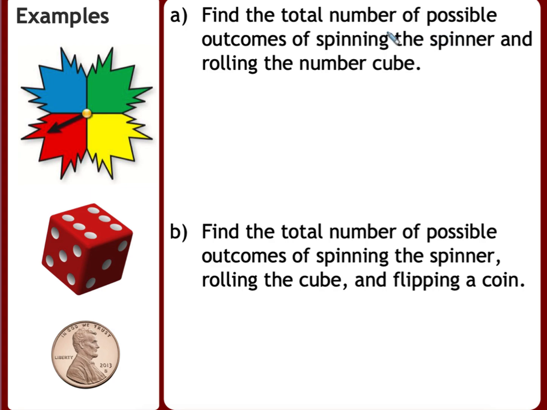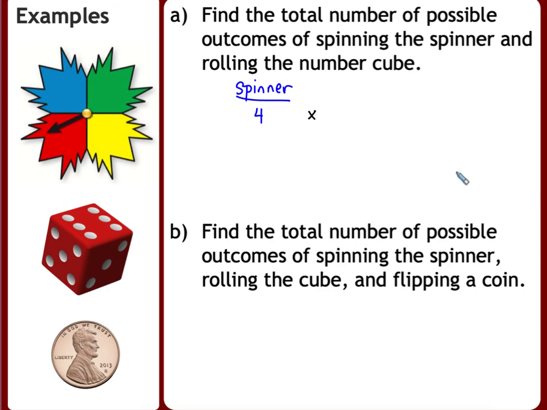So find the total number of possible outcomes of spinning the spinner and rolling a number cube. So for the spinner on the left, how many possible outcomes are there? There are 4 possible outcomes. And then we can multiply that by how many possible outcomes are there for the cube?